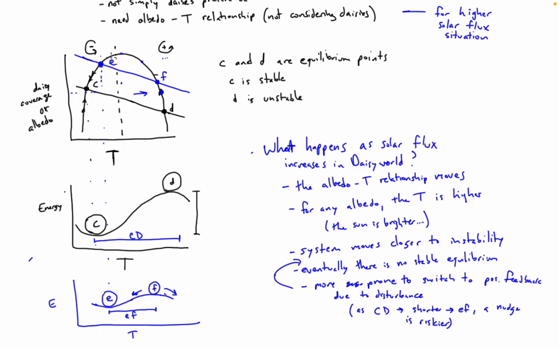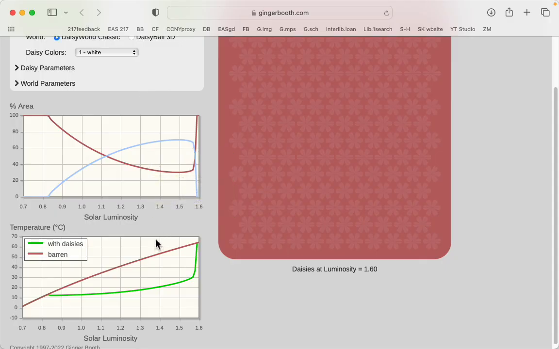Basically this curve had moved even further to a point like there. So this number of daisies is stable, right? At this particular luminosity, which is at 1.45 or so, it's a stable point.